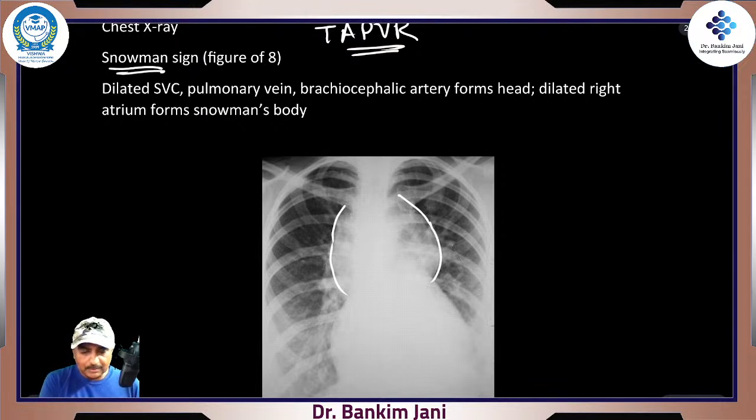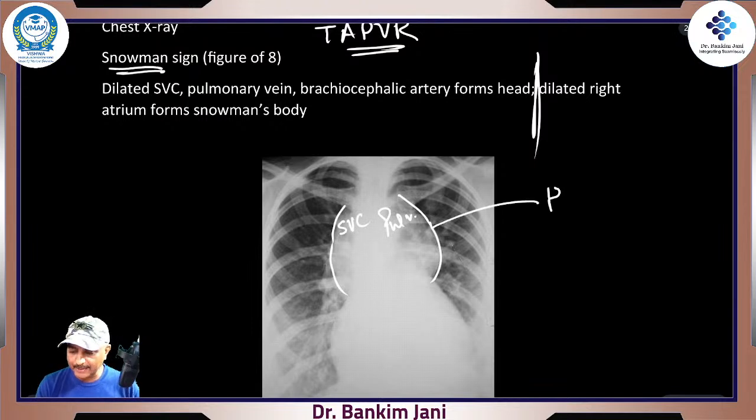So this one is SVC dilated, right? Then the pulmonary veins will be dilated, so that's why that bulge, and the brachiocephalic artery. So this is the head part of the snowman.